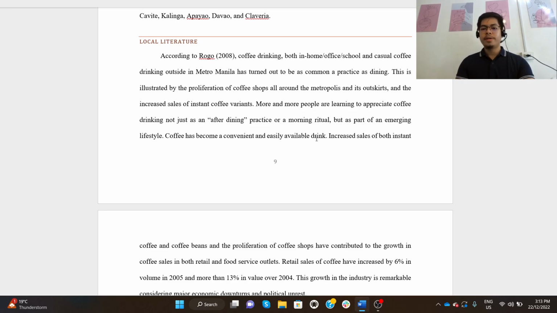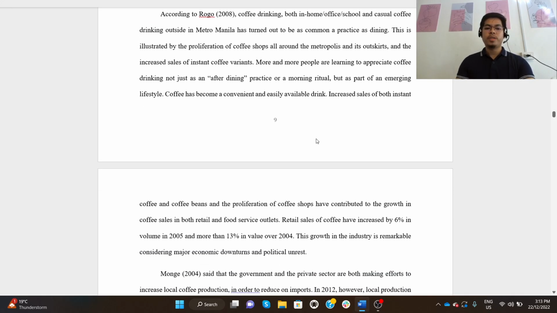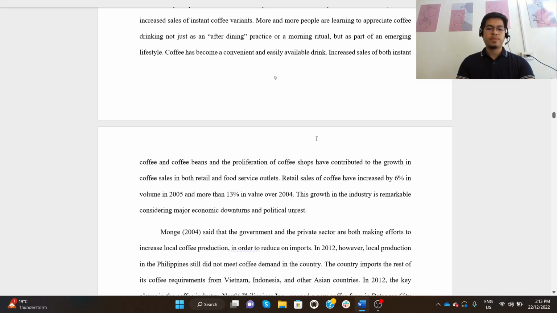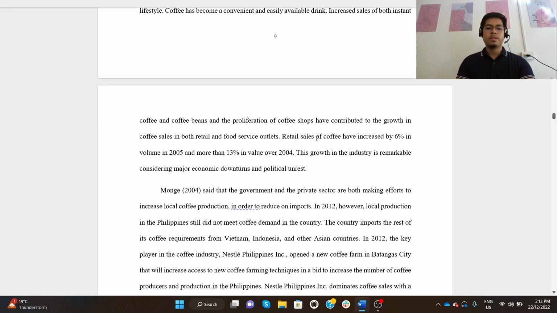More and more people are learning to appreciate coffee drinking not just as an after dining practice or morning ritual, but as part of an emerging lifestyle. Coffee has become a convenient and easily available drink. Increased sales of both instant coffee and coffee beans and the proliferation of coffee shops have contributed to the growth in coffee sales in both retail and food service outlets.